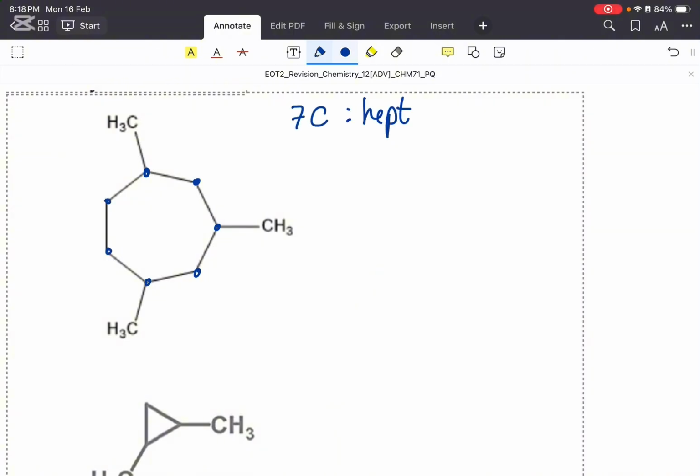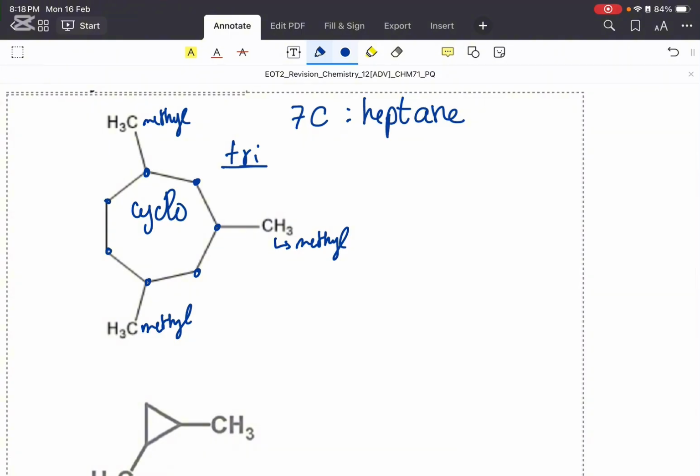That's a hept. And all the bonds are single, that's a heptane. Now, because I see a ring, that's a cycloheptane. Now, this is a methyl, again another methyl, and again another methyl. Since the methyl is repeated 3 times, I'm going to say trimethyl.